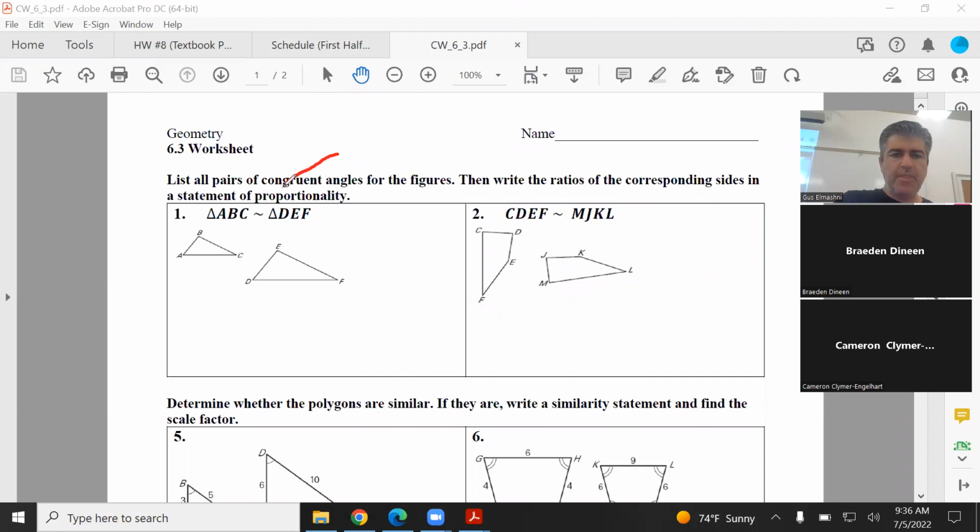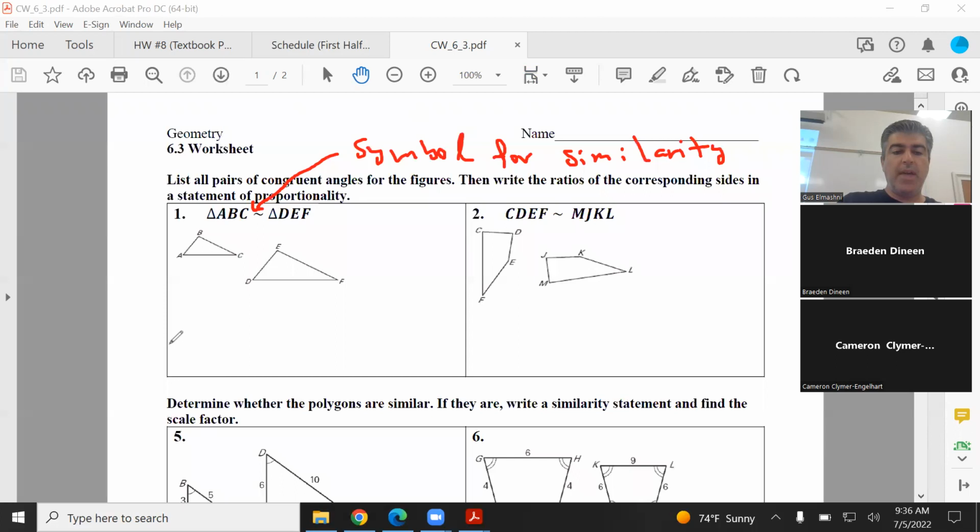So this symbol here is a symbol for similarity. So you would say triangle ABC is similar to triangle DEF. They're not exactly the same. They're not congruent. They are similar.